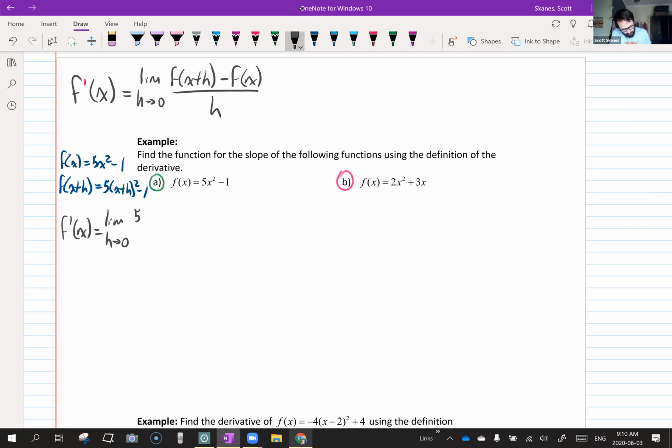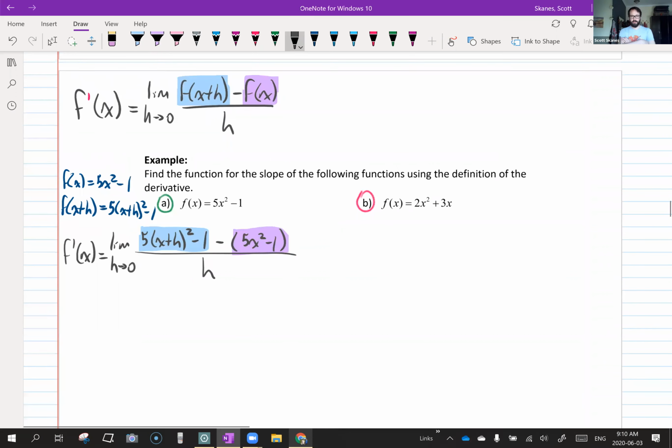It's going to be 5 times (x plus h) squared minus 1, minus the original function. If you're not sure what I'm doing, this is f of x plus h. This is f of x. I'm just taking the original function, adding h to it, putting it back in, over h. Okay, before I do anything else, because the rest is just algebra, is there anything I can re-explain for this?